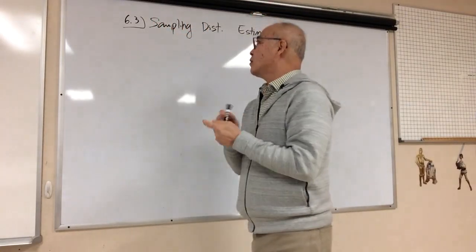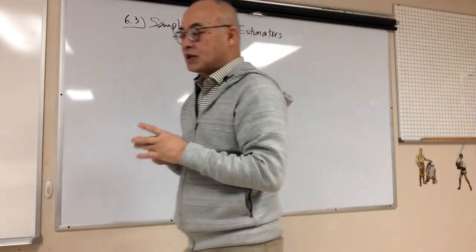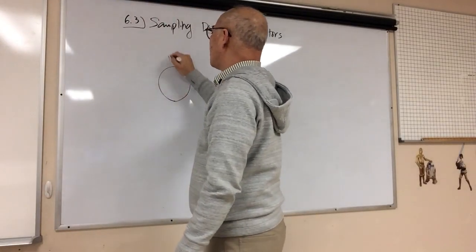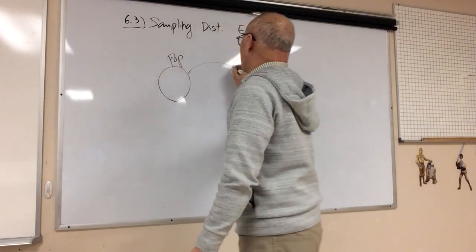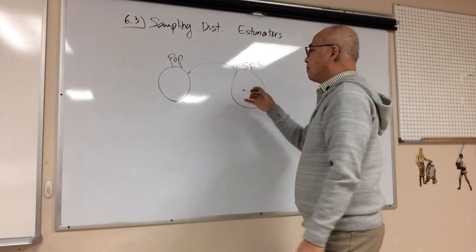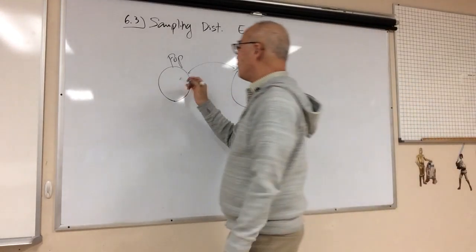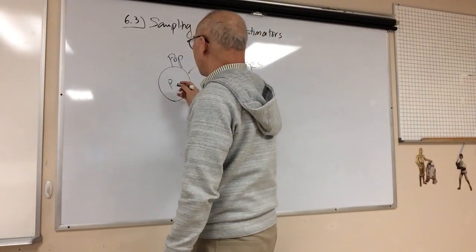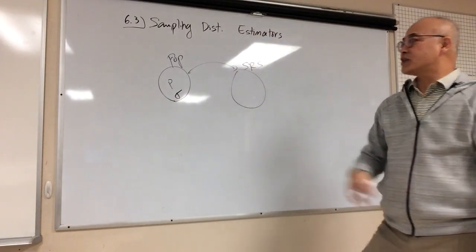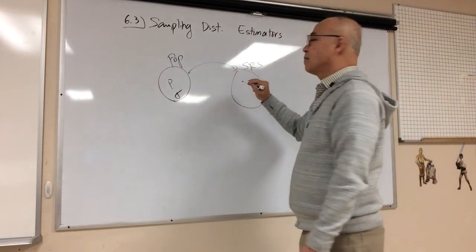Okay. So now we're talking about what's called a sampling distribution. A sampling distribution is where you have a population, right? You have a population and you're going to take a simple random sample. And if I have, let's say a proportion here with a standard deviation, I take the sample.